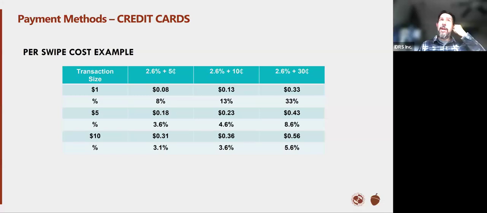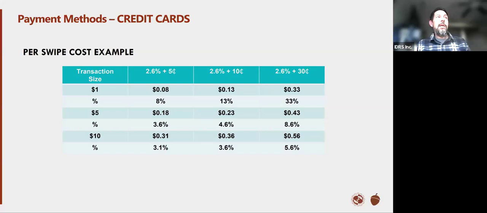Oh no, it's actually Stripe. Stripe has a plan where you can process cards through tap to pay, which is 2.6% plus 5 cents per transaction. Square standard rate is 2.6% plus 10 cents. This is really no longer the case, but they used to have it up to 30 cents per transaction. But with Square, they've really pushed down the market. But I wanted to at least show you how these play out.